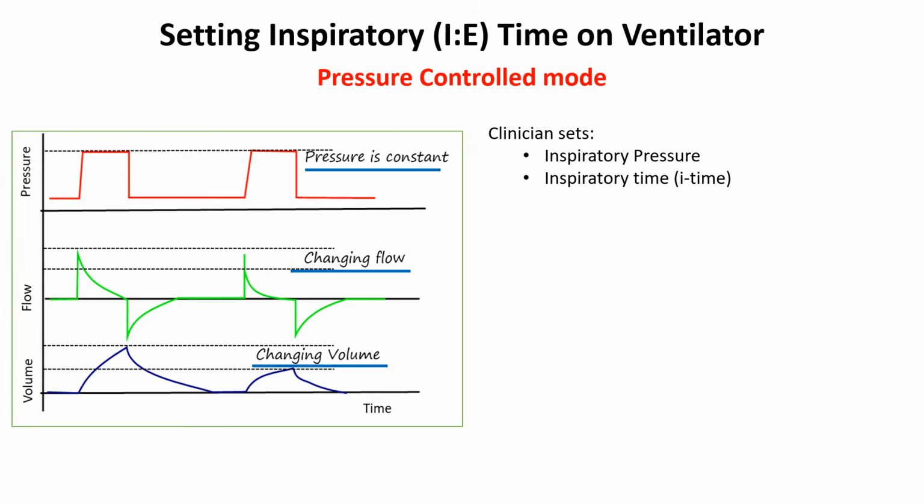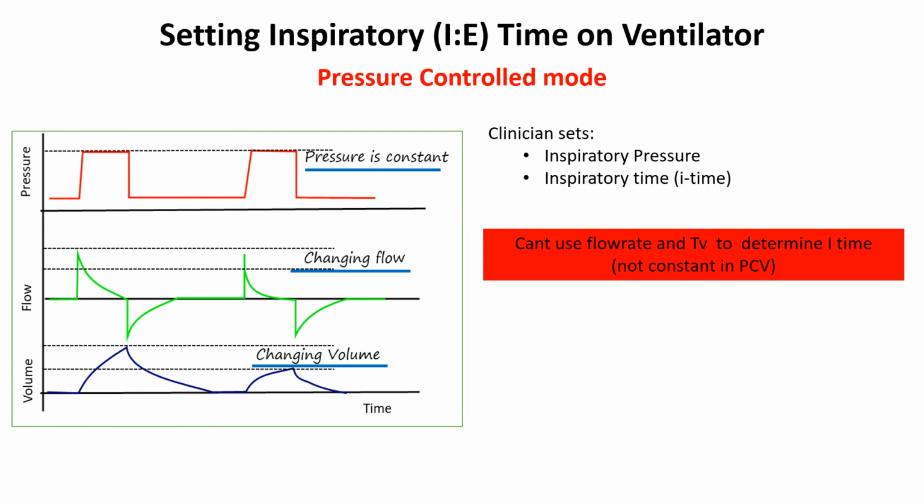Flow rate and tidal volume are not used to determine inspiratory time because they are not constant and will lead to inconsistent inspiratory time. The respiratory rate is also set, but it doesn't directly control the inspiratory time as it is set by the clinician. The expiratory time, however, is completely dependent on respiratory rate.